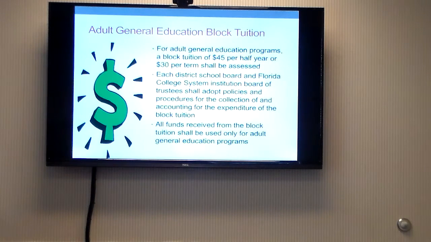When you're assessing tuition for adult general education programs, a block tuition of $45 per half year or $30 per term shall be assessed. And that money is given to fund these adult general education programs. Obviously, that's not exactly much, but it's enough to at least provide additional support specific to adult education programs.